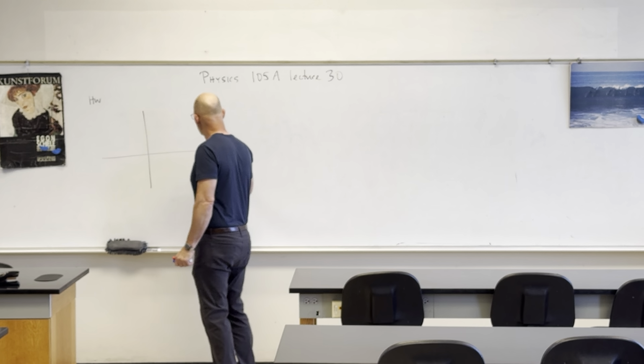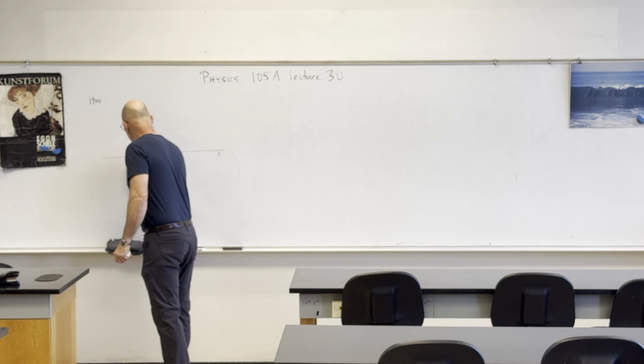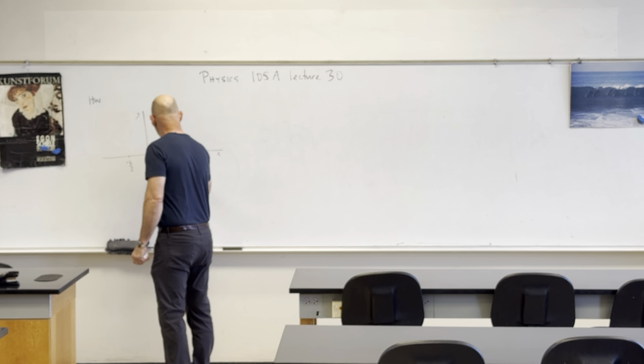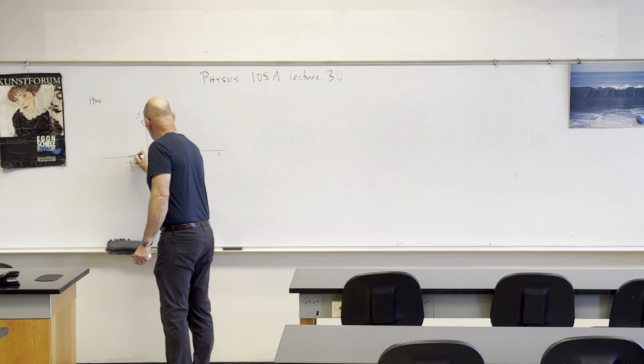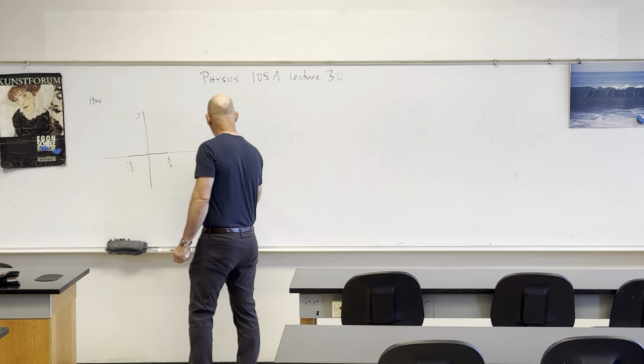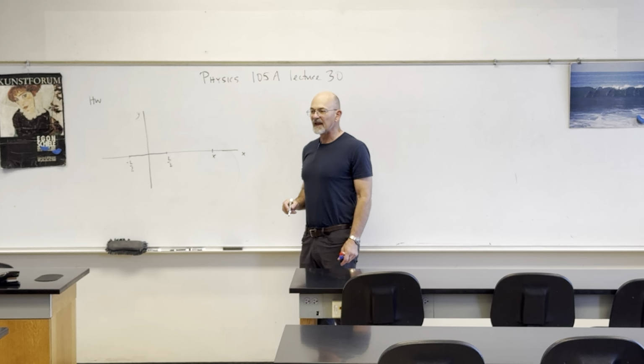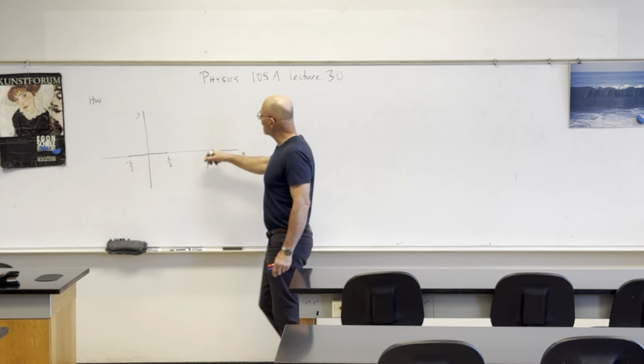So we have a rod from minus L over 2 to L over 2, and we just have a linear mass distribution here. That's our x-axis, that's our point x. What's the potential like at this point x?